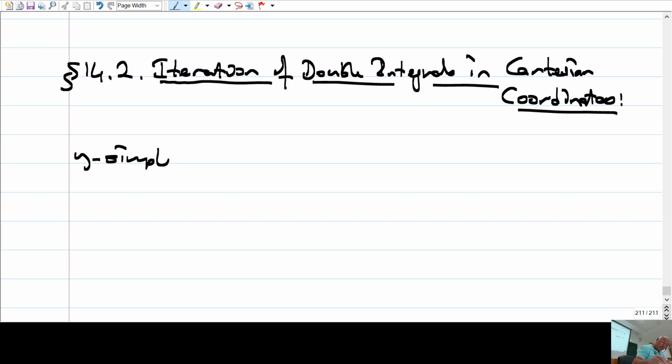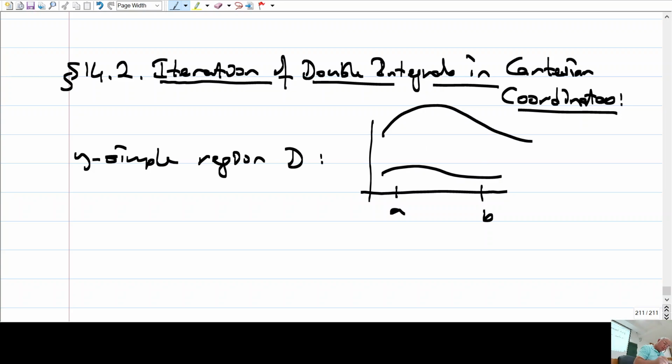First, let me say y simple region. What's this y simple region D? In the y coordinate, it is simple. Suppose you have two graphs, y equals c of x and y equals d of x, and your region is this one.